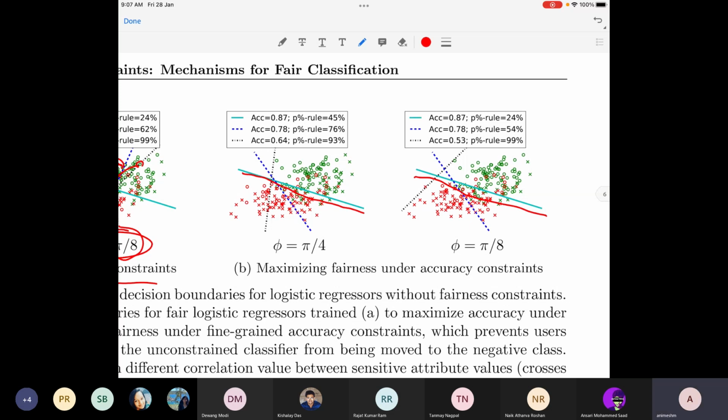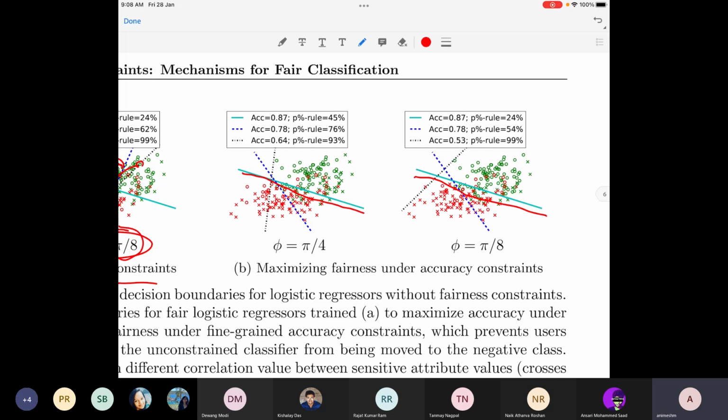Now, the new lines after the accuracy constraints are imposed have an interesting nature. And this nature is slightly different from the other type, where we were having the fairness as the constraint. When we have accuracy as the constraint, the nature of the separating line actually has changed.